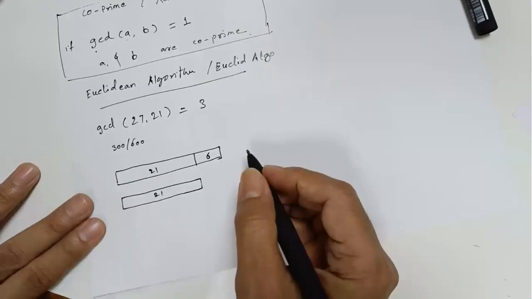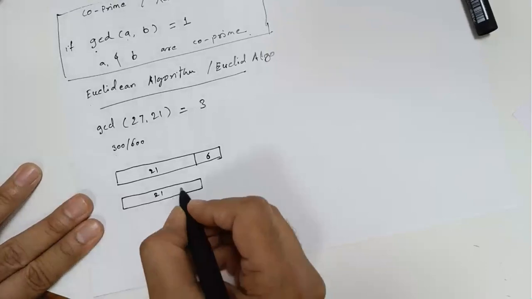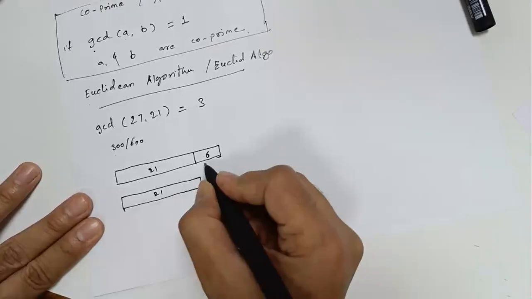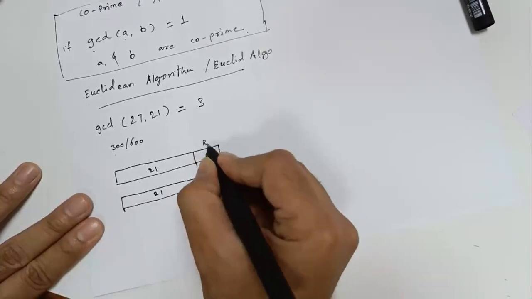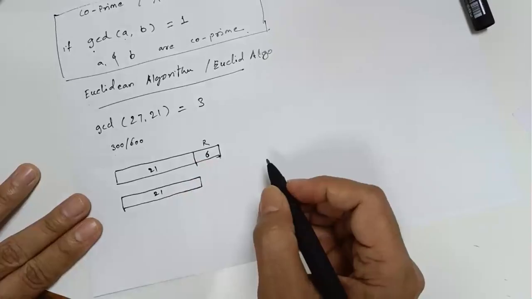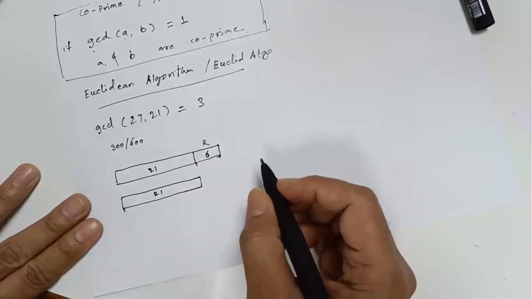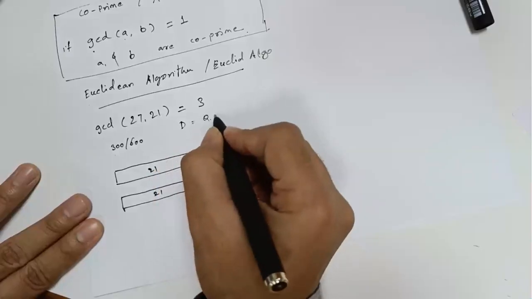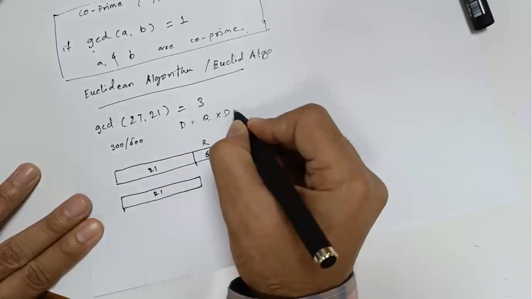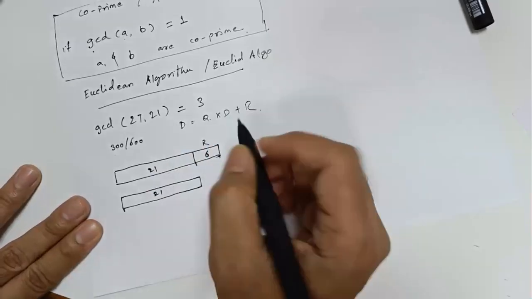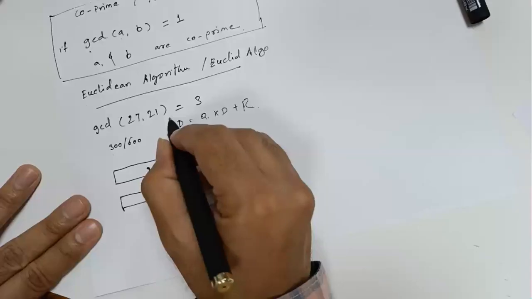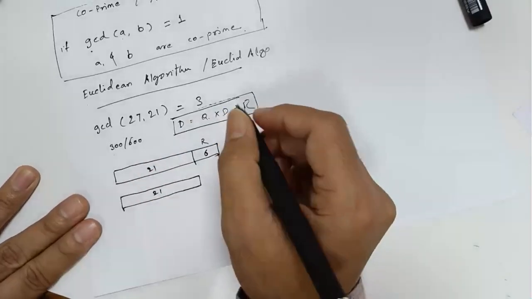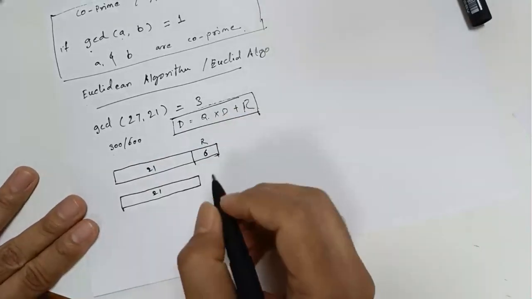Yesterday we have seen one equation which gives you dividend equal to quotient into divisor plus remainder. Please remember this formula, because this is a very important formula in all the units, as I've told you yesterday.